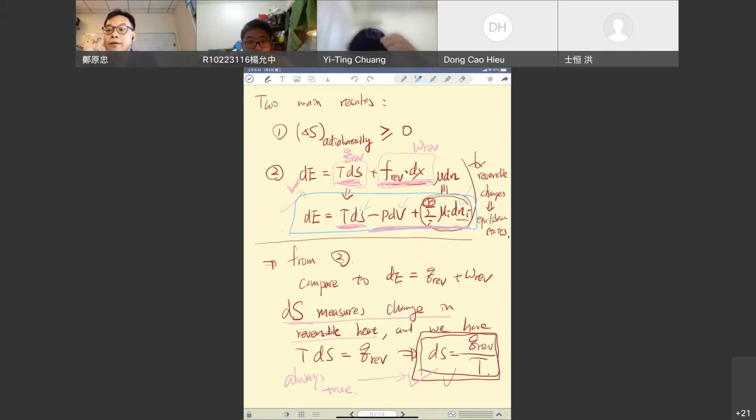To calculate the change in a state function, you find the most convenient path to calculate the values. And if you go through another path, you will arrive at the same result.